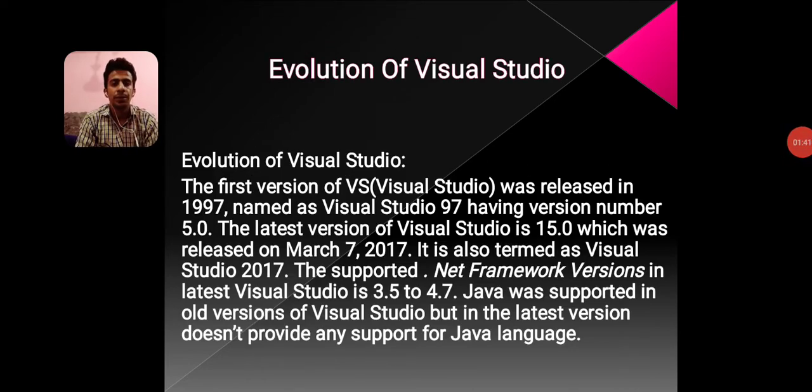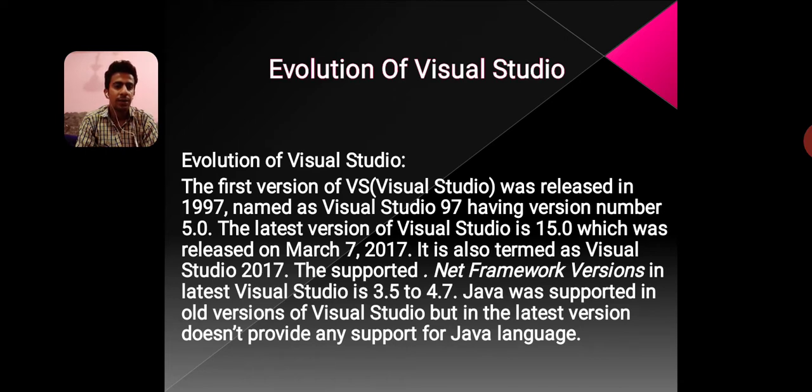Evolution of Visual Studio. The first version of Visual Studio was released in 1997, named as Visual Studio 97, having version number 5.0. The latest version of Visual Studio is 15.0, which was released on March 7, 2017.